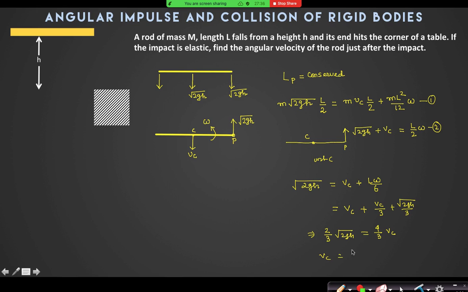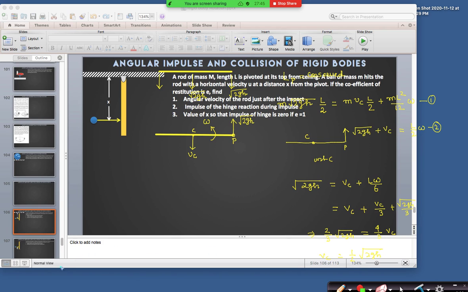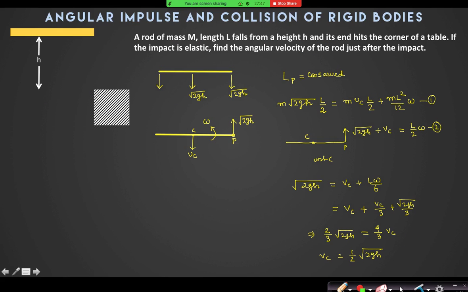So Vc is equal to half root 2gh. And the angular velocity omega: Vc plus root 2gh is 3 by 2 root 2gh, so omega is 3 by L root 2gh, isn't it?